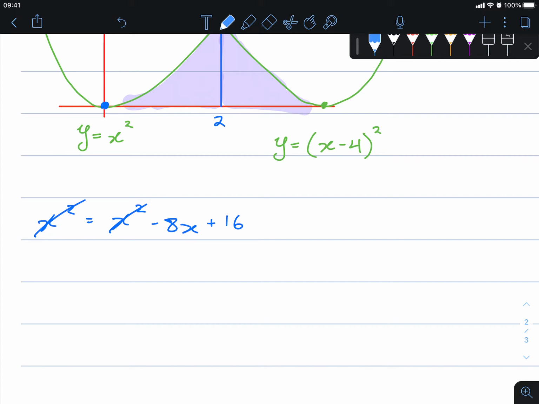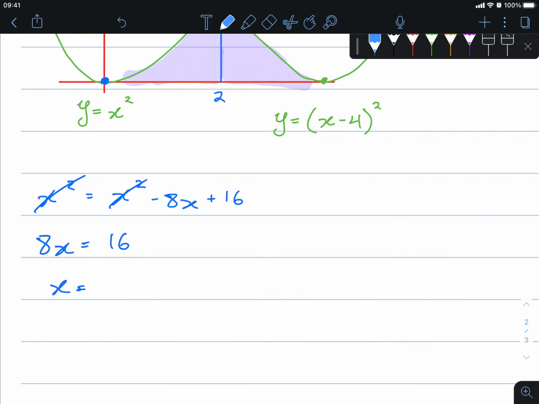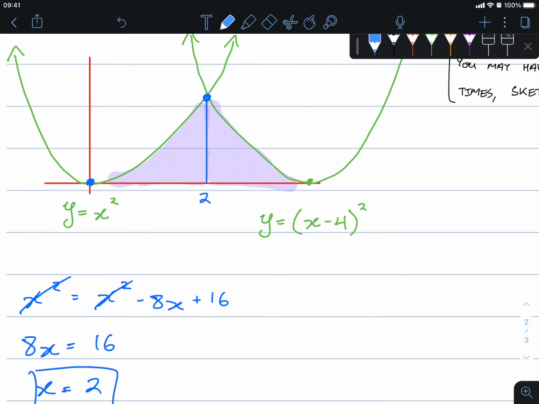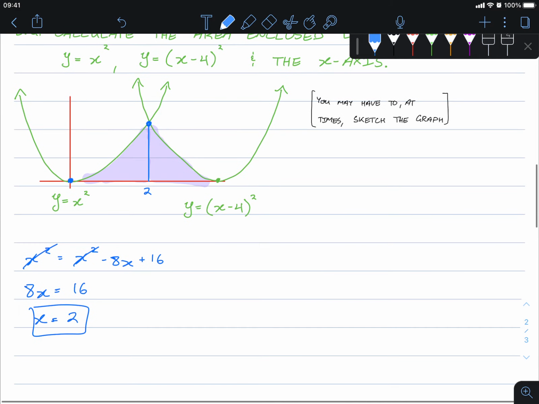Cancelling the two x squareds, we get 8x equals 16. x is equal to 2. So that point we have here is indeed x equals 2.